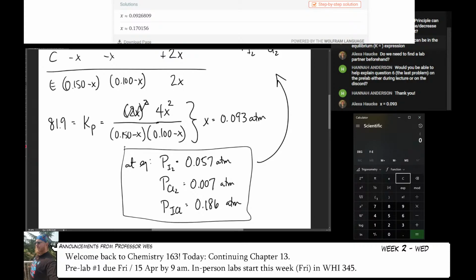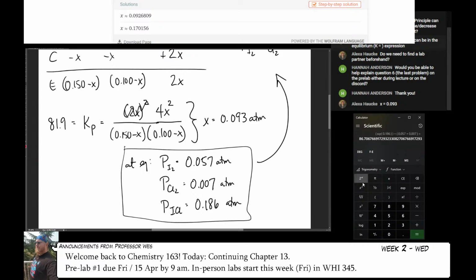So P ICl squared, so 0.186 squared divided by, parentheses, 0.057 times 0.007, enter. And you'll notice that I got 86.7, which is close enough, and the reason that we have some error there is because I deleted a bunch of numbers, right?